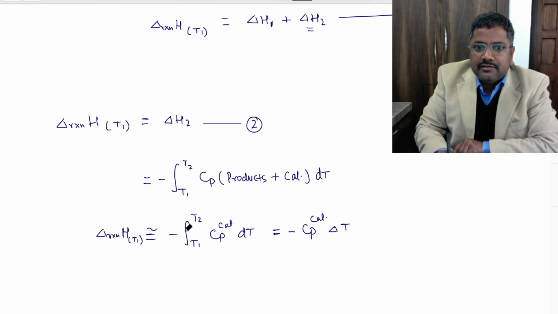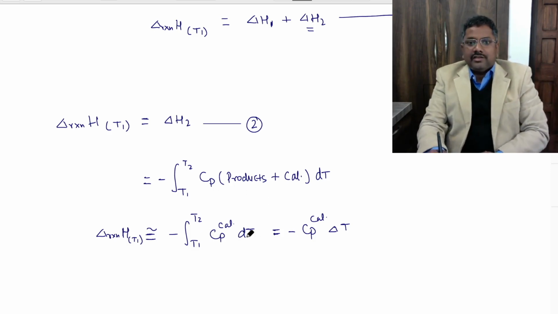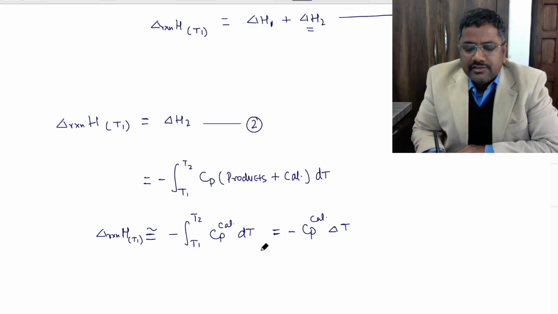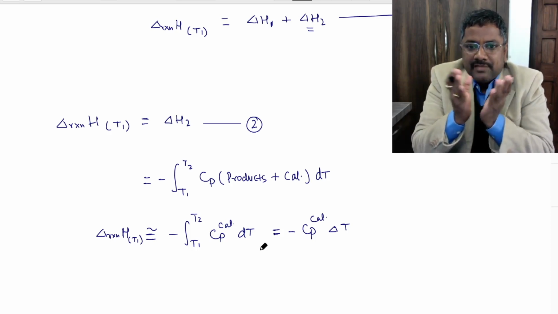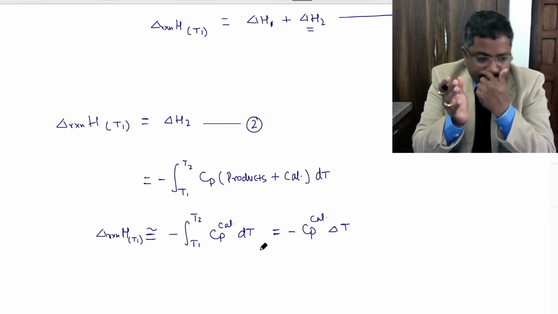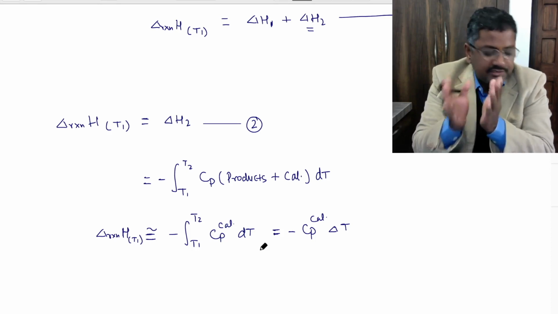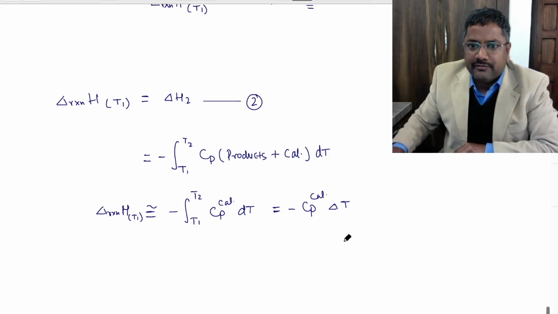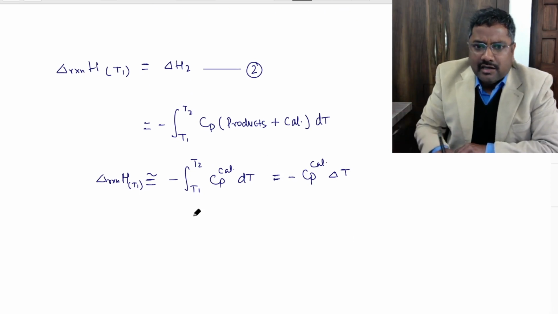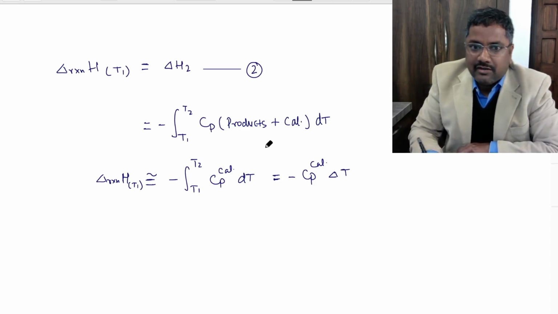So this is the delta H of reaction at temperature T. See how I have written Cp of products plus calorimeter equal to Cp of calorimeter, because in most of the cases, what we are designing here, that Cp of calorimeter is constant. The products plus calorimeter is equal to the calorimeter, means basically we are designing the system. If they are different, then I have given you the formula, no problem.